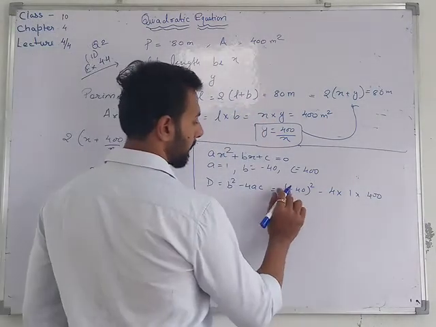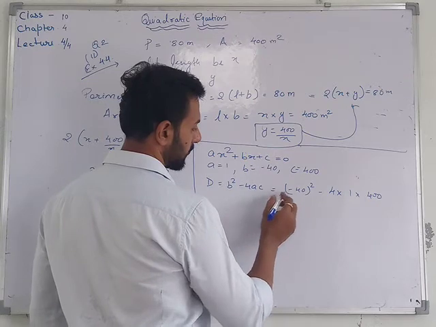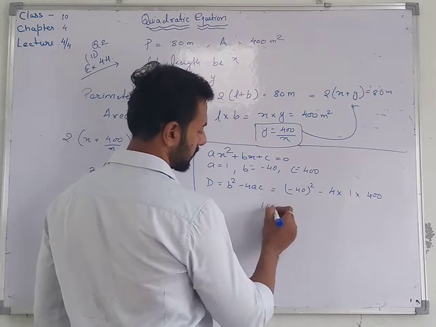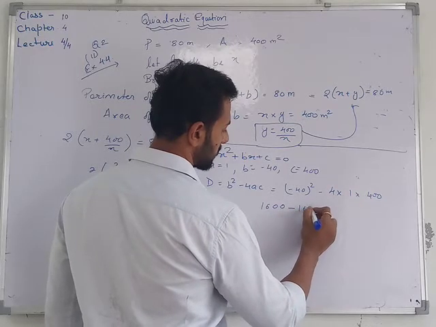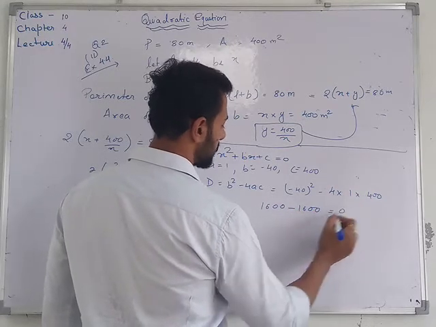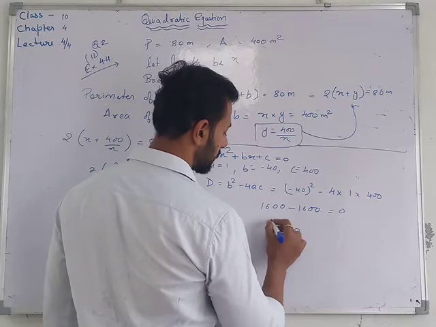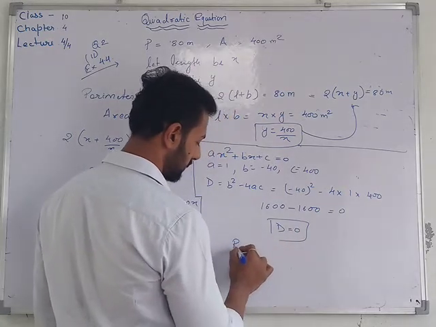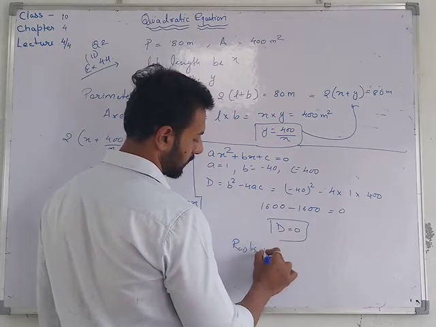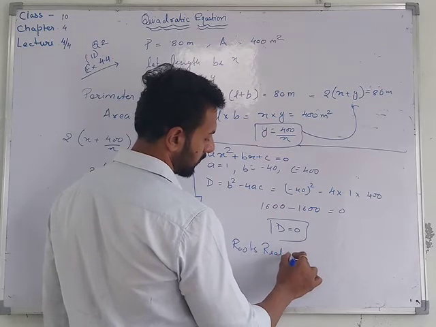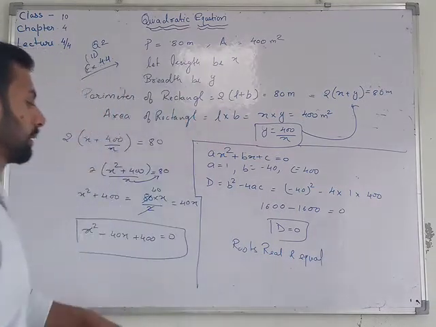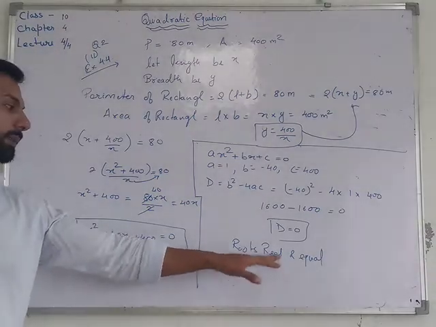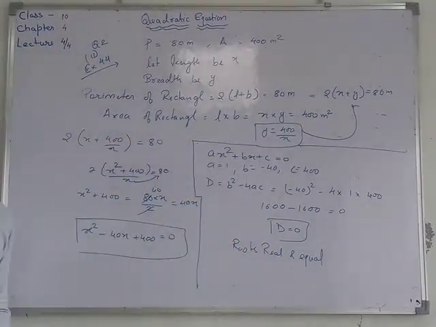Now minus square is positive, 40 square is 1600, minus 4 into 400 is 1600. So this will be 0, means d is equal to 0. Roots will be real and equal. That means the park can be made.